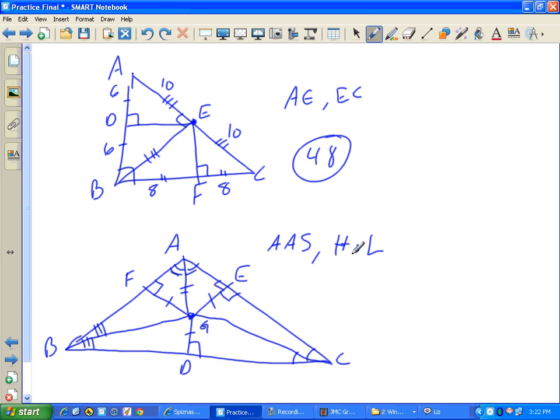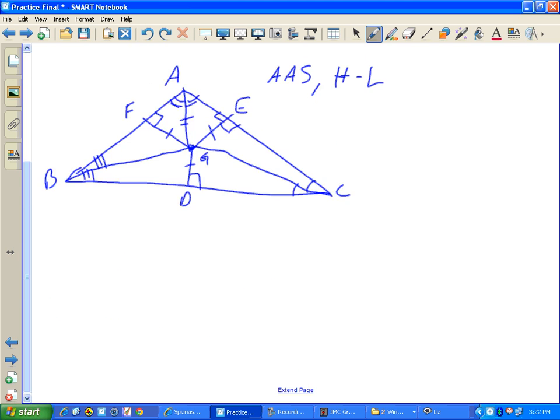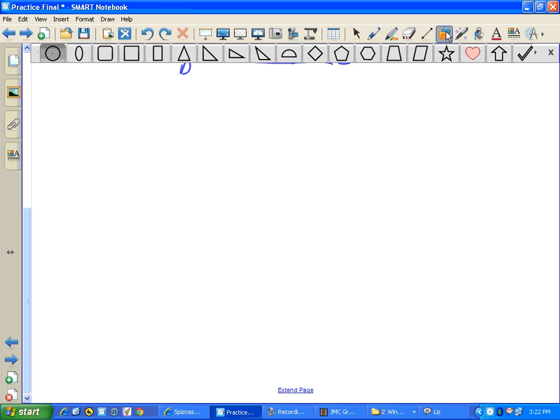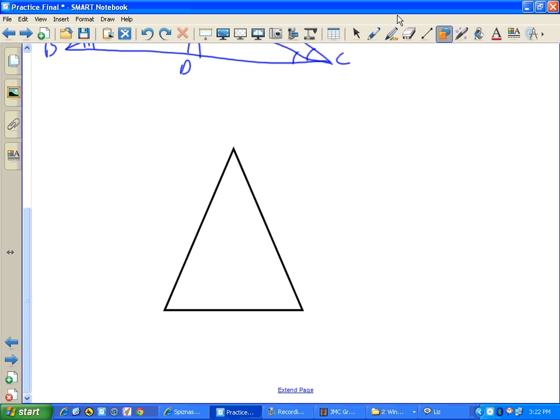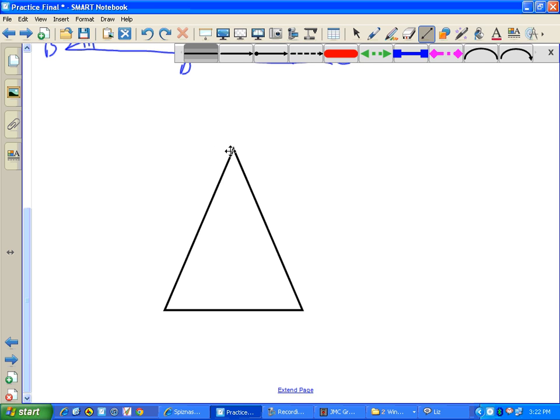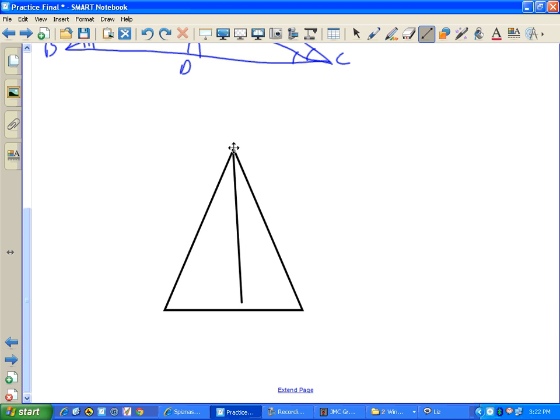11 through 14, we're just doing some true-false. 11 says the angle bisector of a triangle could also be the perpendicular bisector. Well, there's a certain type of triangle where this is true, and that is an isosceles triangle. Because in an isosceles triangle, the perpendicular bisector is also going to bisect the angle.